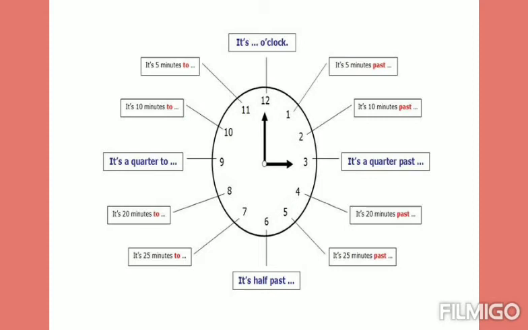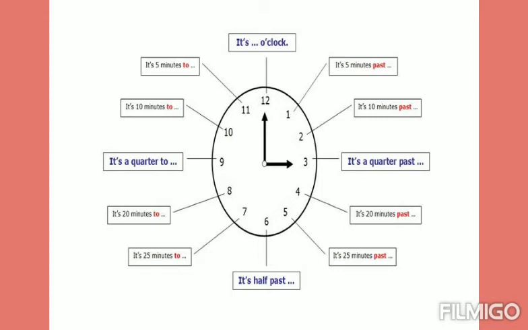Now imagine the minute hand, that is the long hand, moves from 12 to 1. There are 5 small divisions between 12 and 1. So if the minute hand moves from 12 to 1, 5 minutes have passed. So we can read the time as 5 minutes past 3. Again, repeat it. 5 minutes past 3.